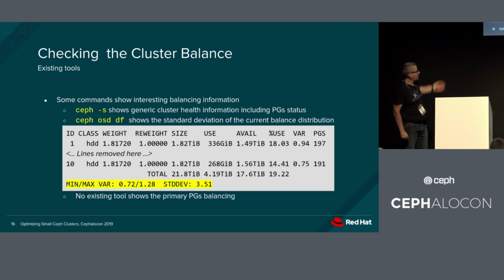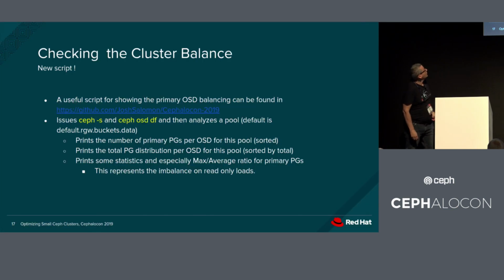And we don't have an existing tool to show the primary PGs balancing. And this is one of the things that you could take from here. We have a script to do the primary PGs balancing, which can be found on GitHub. First of all, it does ceph -s and ceph osd df, so we see the information about the system.